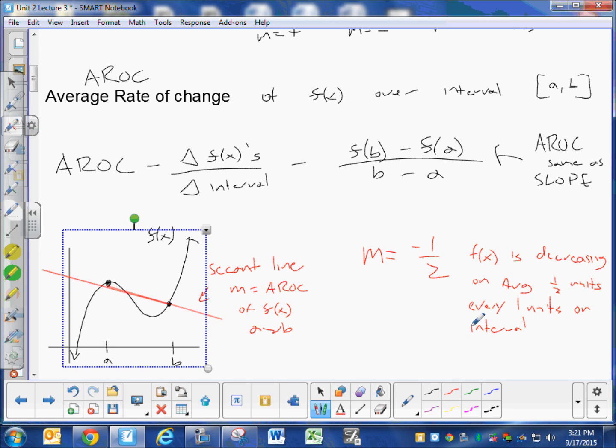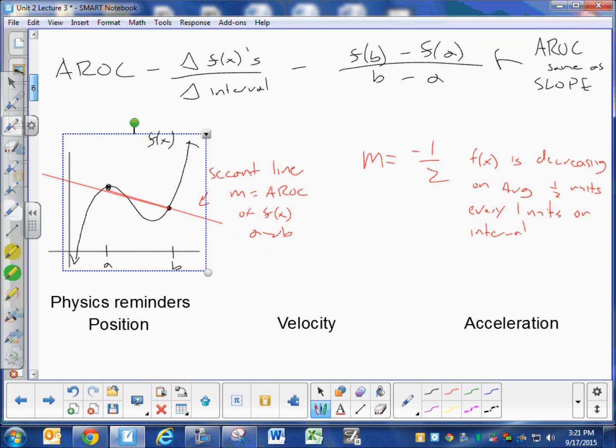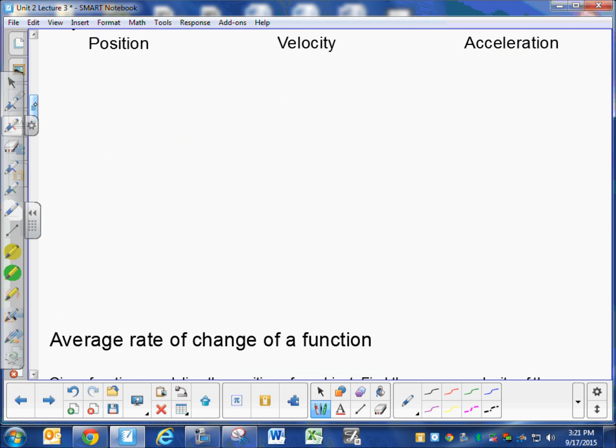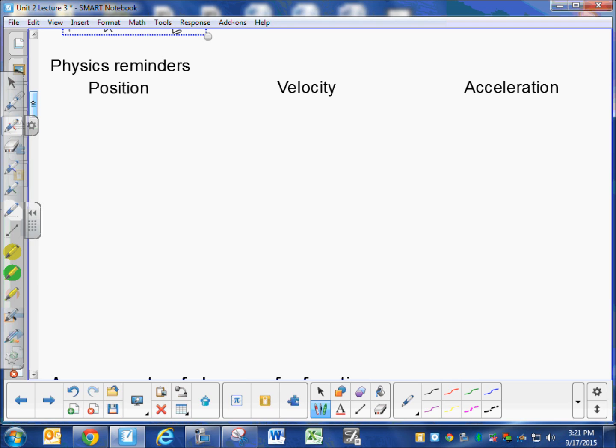You will find that this class and physics will be really, really related, and we'll have lots of physics-type questions in calculus class. Calculus is the math of change, and physics has a lot to do with change. So we're going to be dealing with position, velocity, and acceleration a lot in this class.